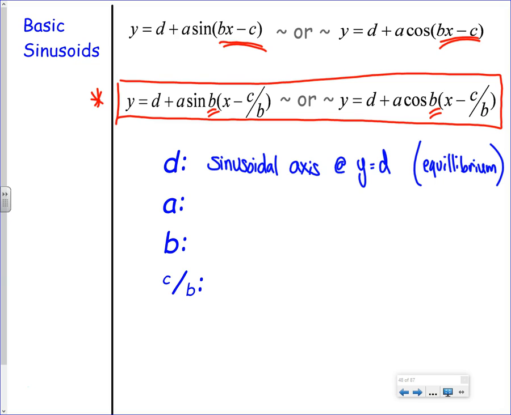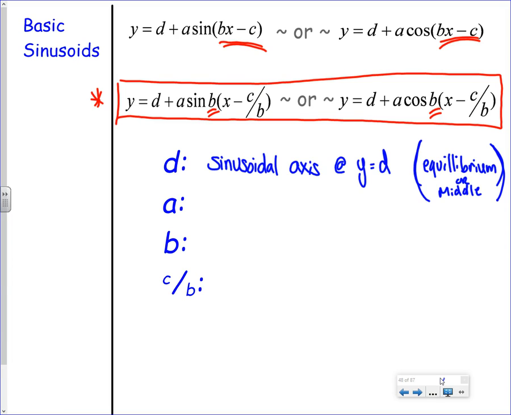Sinusoidal axis at y equals d, meaning if the water was perfectly still, the wave hasn't gone up or down. Another way of thinking about it is you could think about it as the middle, the middle of the oscillating wave.